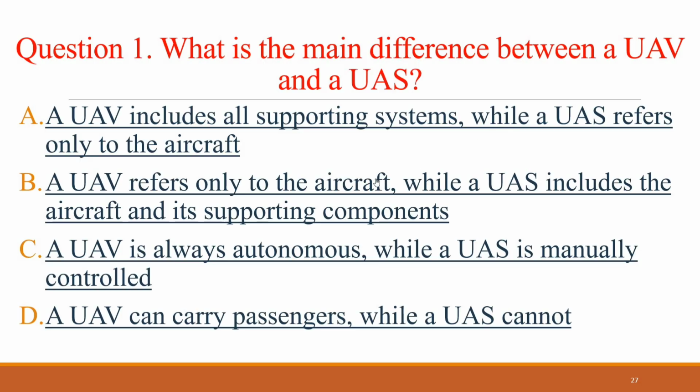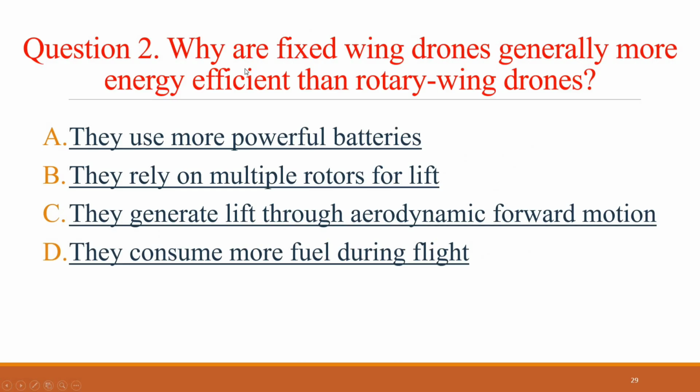The correct answer is a UAV refers only to the aircraft, while a UAS includes the aircraft and its supporting components. Question 2.